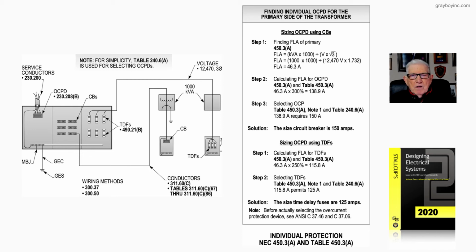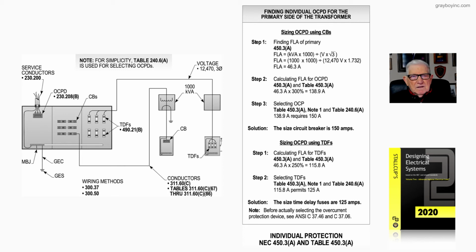We could move up by note 1 and table 450.3(A) to 150 amps. But remember, in step 2, we selected that 300% from table 450.3(A) at the very top of the table there with the percentages for individual, and we would have in the solution a 150 amp device.